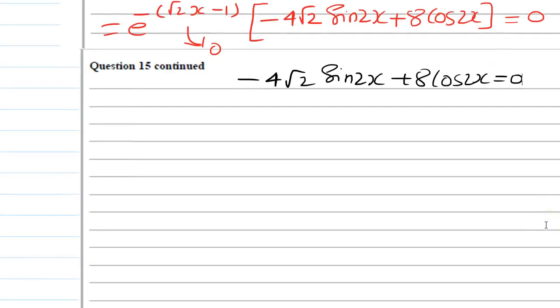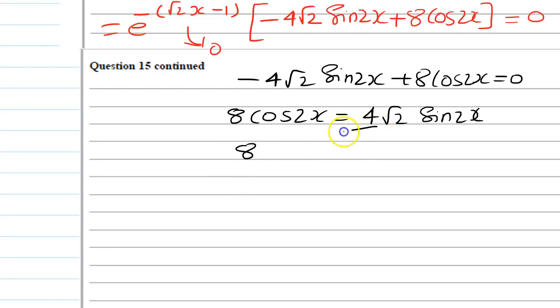Now it means 8 cos 2x is equal to 4 root 2 sin 2x. We can just swap 4 root 2 and bring it here, so 8 over 4 root 2 is sin 2x over cos 2x.